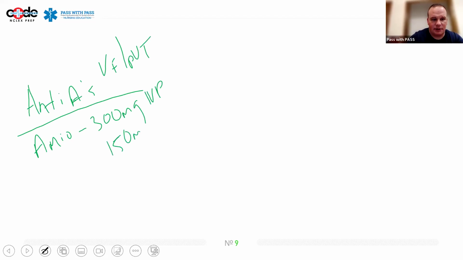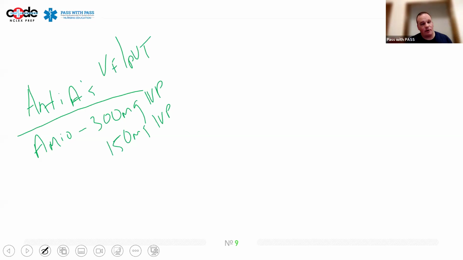If the patient continues to be in VFib or pulseless VTAC, and I get to that point in my algorithm, 150 milligrams IV push is my second bolus. Remember, the only time we give a bolus of amiodarone is in this situation, VFib or pulseless VTAC.